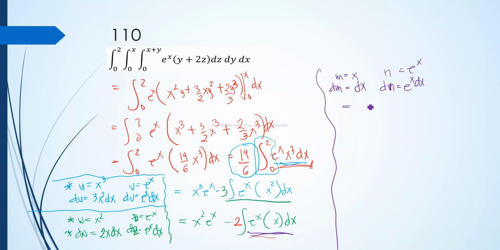So that is just equal to mn, that is x e to the x, minus integral of n dm, that is e to the x dx. And finally, we have x e to the x minus e to the x. Now we substitute since this one is equal to this one. So we have that is equal to negative 2 times x e to the x minus e to the x.